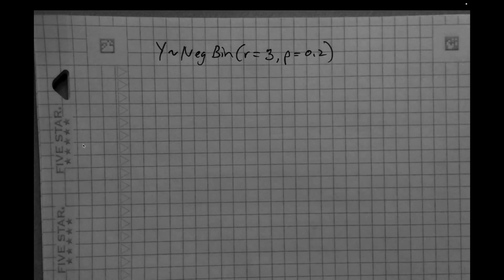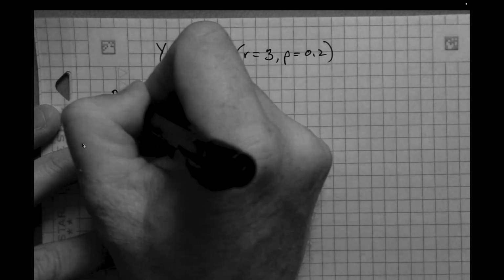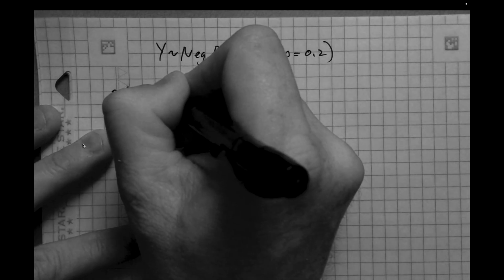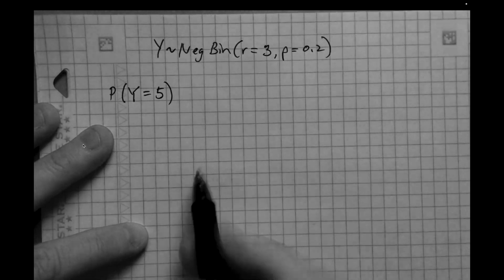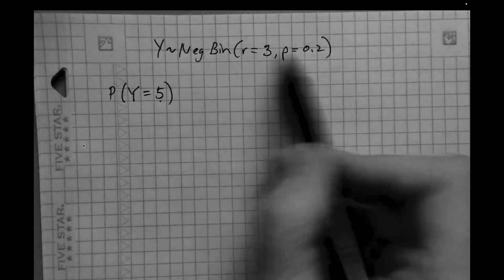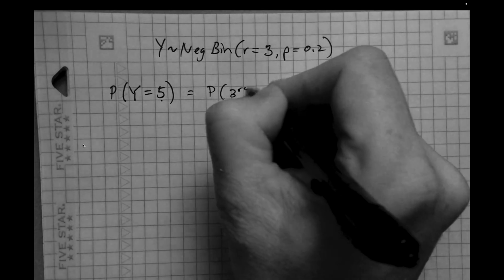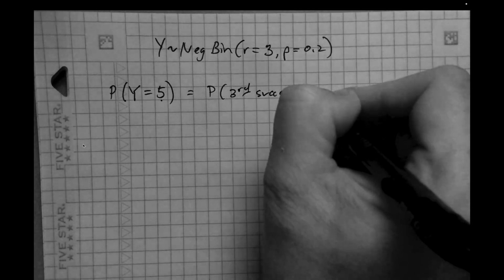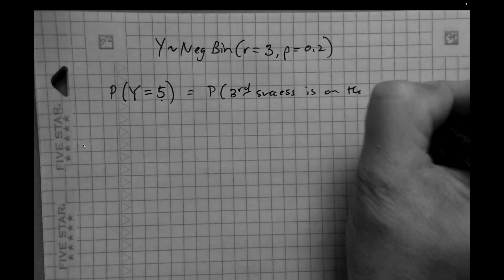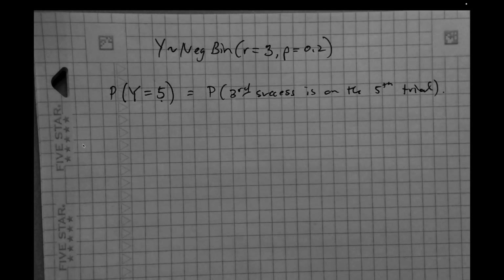And so the question was, what's the probability that we strike oil for the 3rd time on the 5th drilling? So we want to know the probability that y is equal to 5. So the 3rd success comes on the 5th trial. That's what we're saying here.